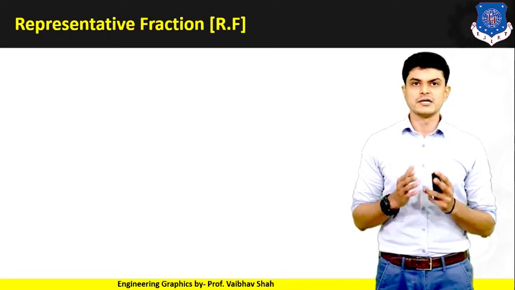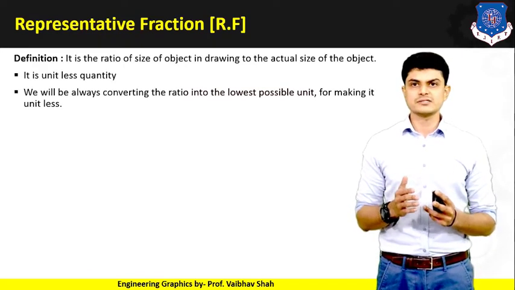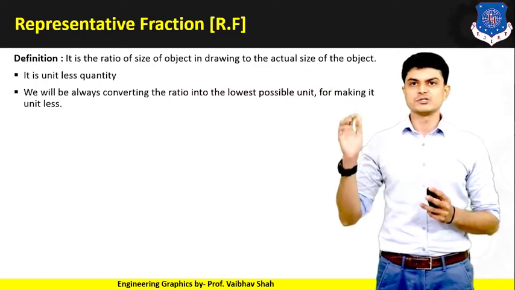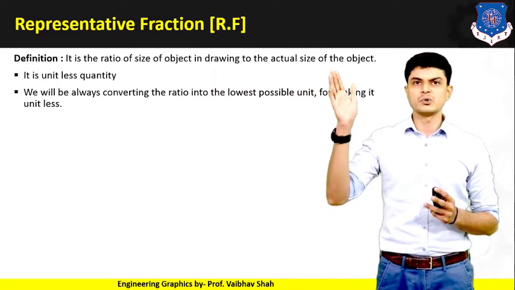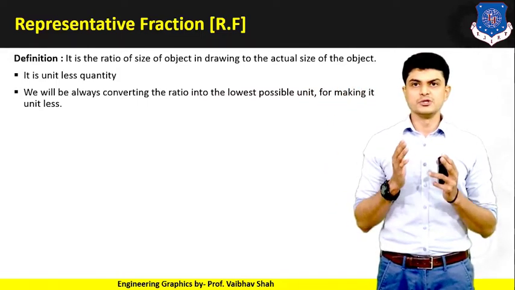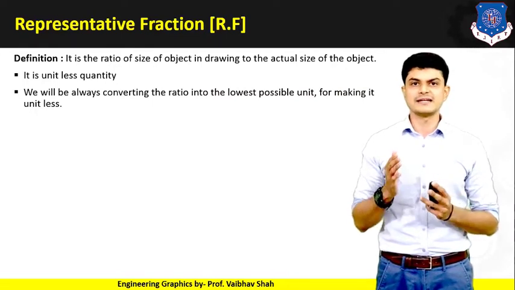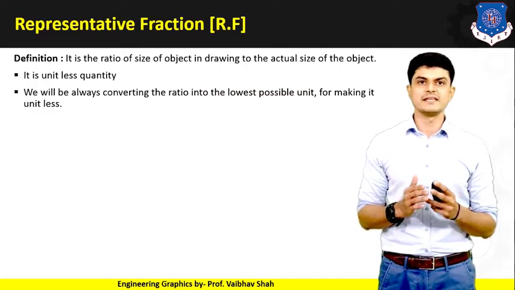First, representative fraction, or RF. Let us first understand its definition. It is the ratio of the size of the object in the drawing to the actual size of the object. It is a unitless quantity. As you can see, we are taking the ratio of sizes, and both sizes would be in the same units.